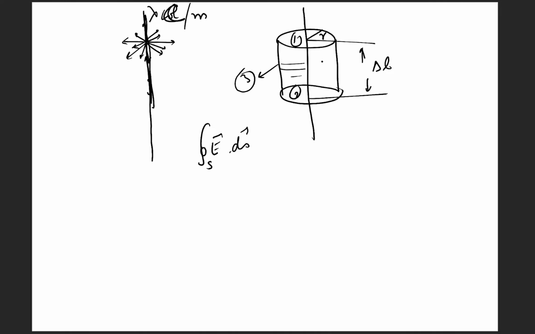The top and bottom surfaces will have normals along the line charge, either in the top direction or the bottom direction, but the field is just radial.